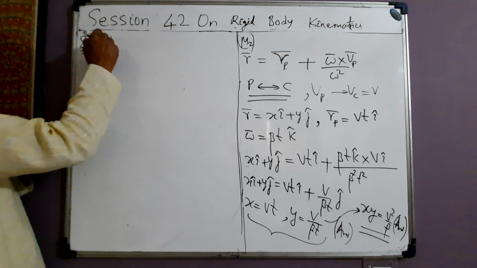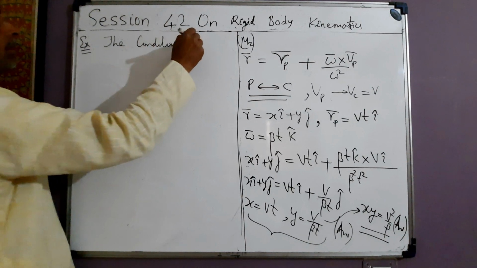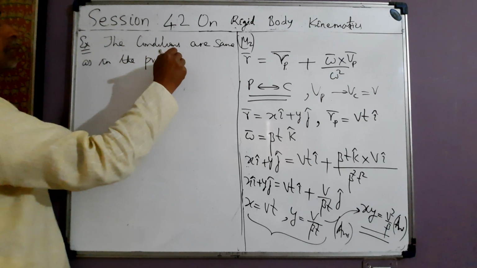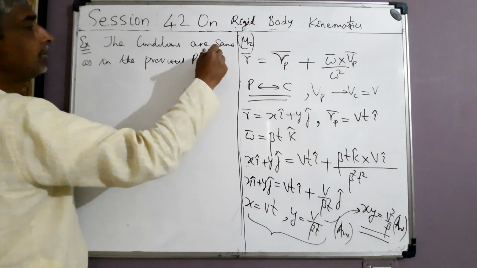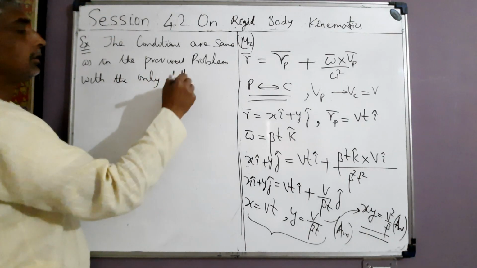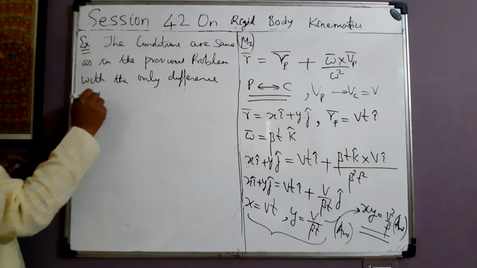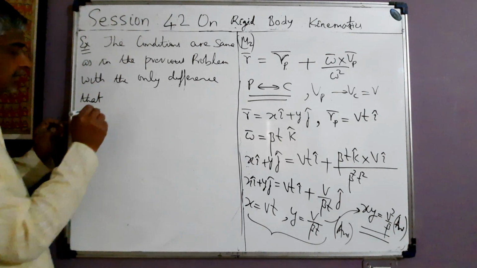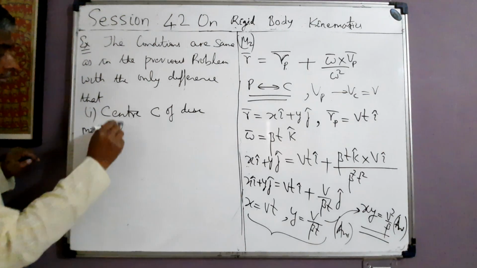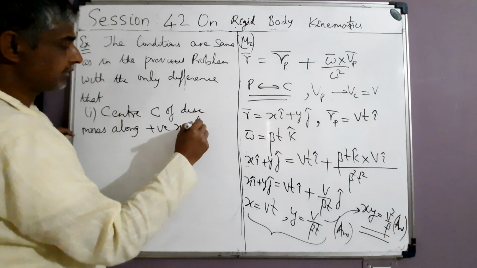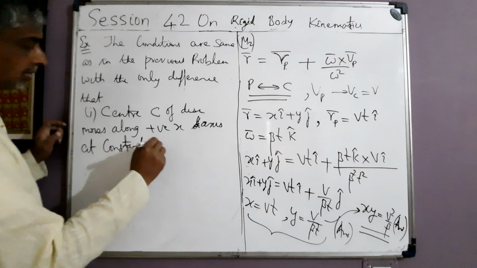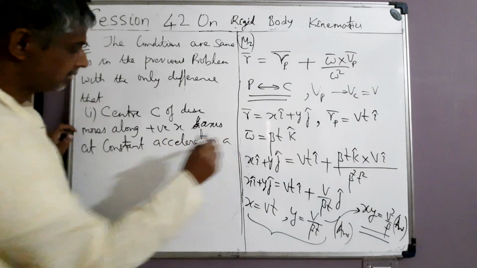Same conditions are same as in the previous problem, with the only difference that first, center C of disk moves along positive x-axis at constant acceleration a, starting from rest.